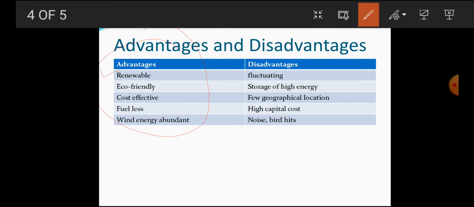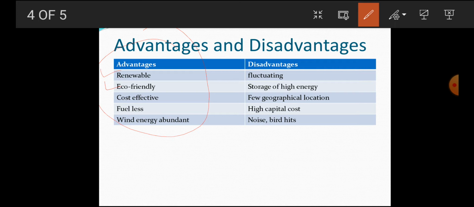Then second is eco-friendly. So wind energy generation is eco-friendly and does not pollute the atmosphere. So unlike in the case of coal and oil, which may generate pollution to the environment and greenhouse gases, that is not the case here.